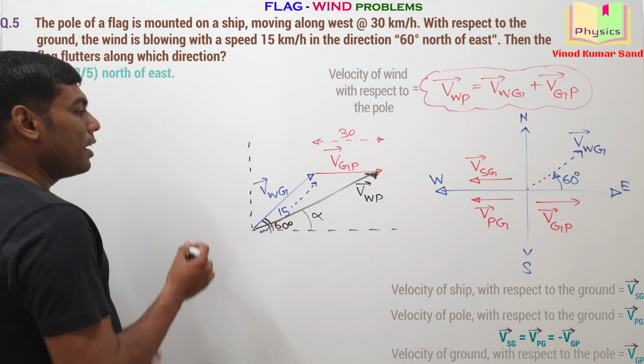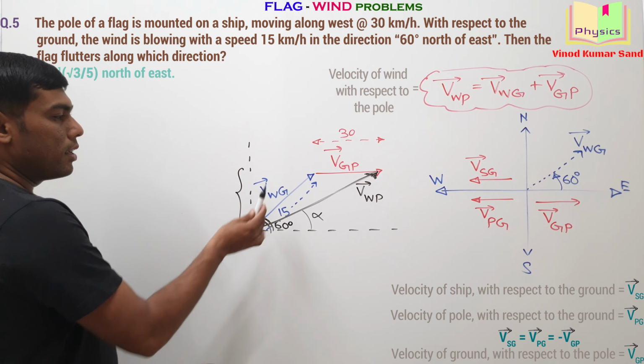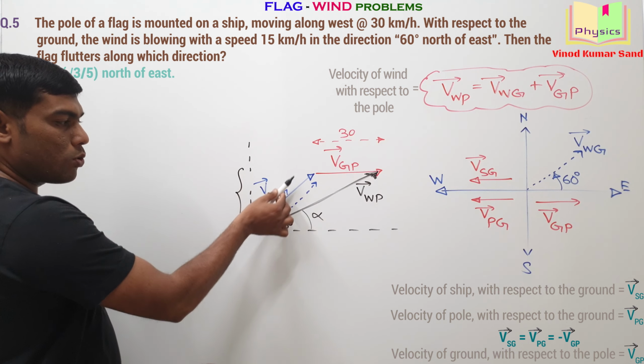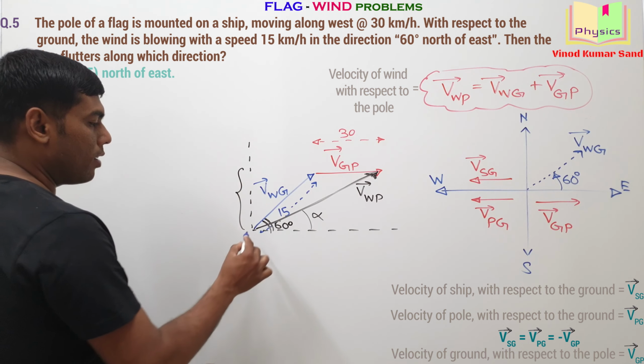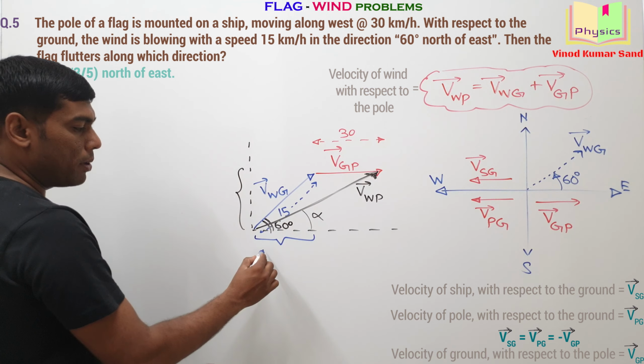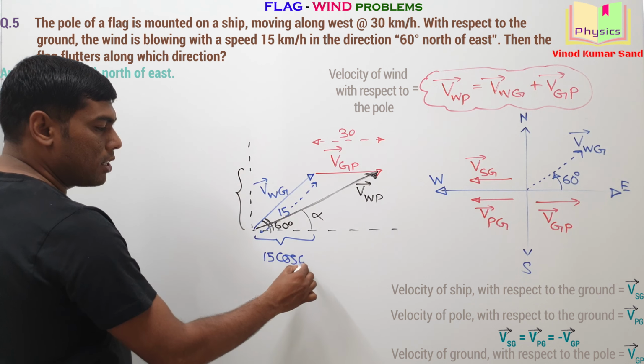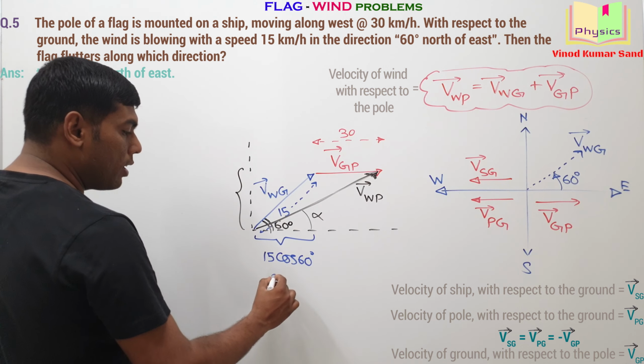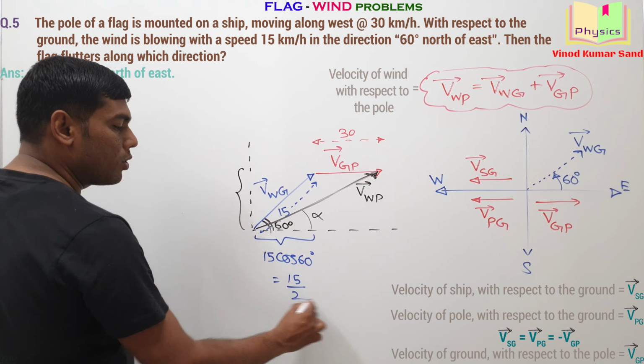Alpha is our target, and I think it's pretty simple for you now. Why? We know this much length. If this blue length is 15, it will have a horizontal component like this. Horizontal component will be 15 cos 60, which is equal to 15 by 2.